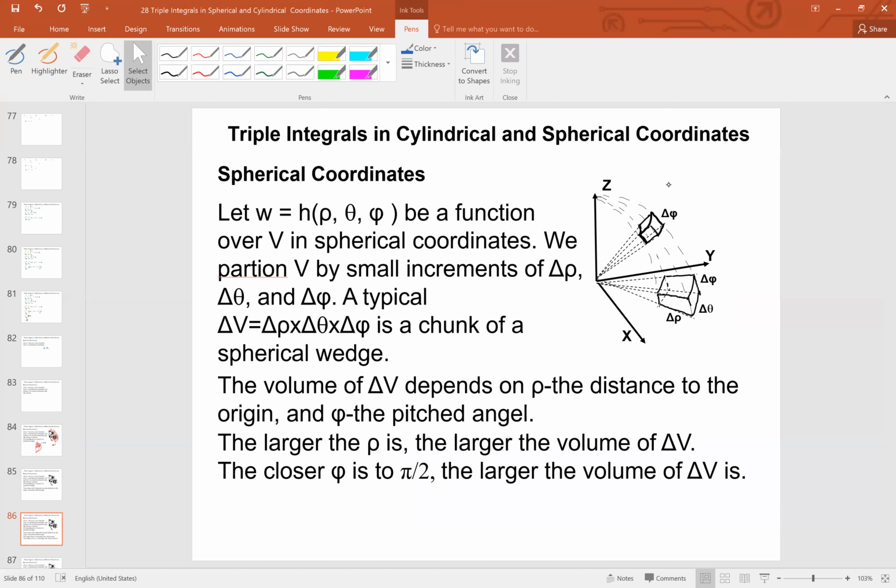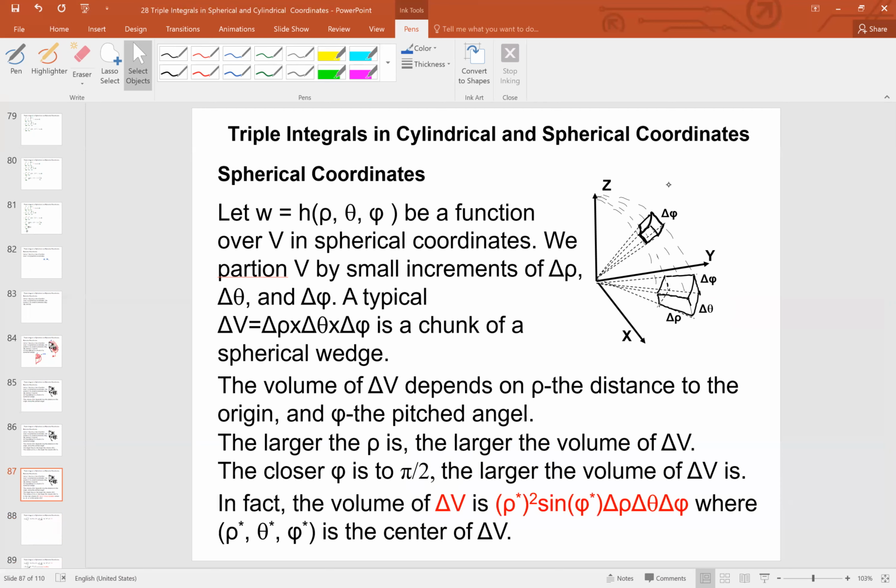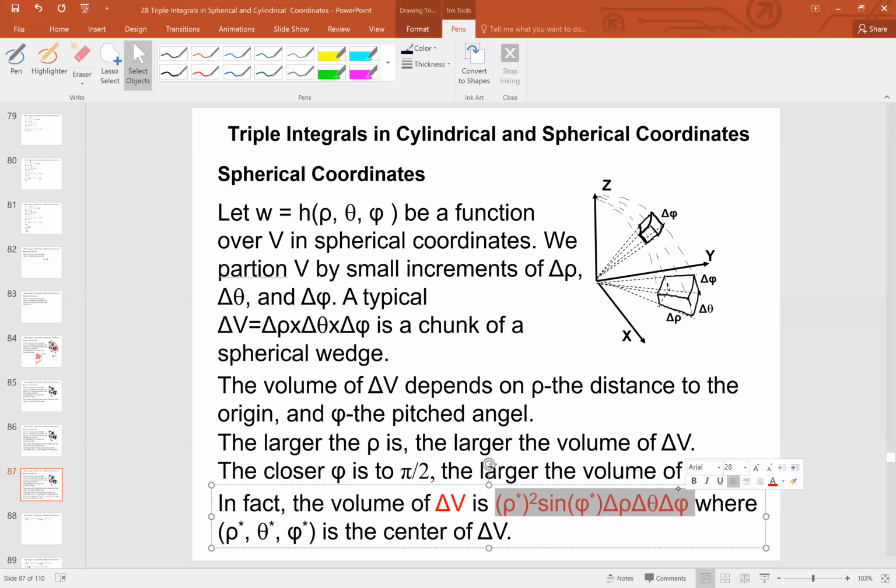We get this formula coming out of spherical geometry, so I'm not going to prove it, but basically you can prove that the chunk depends on rho squared and the sine of the pitch angle. When the angle is very small, like 0, then the sine of that angle is almost 0. It's almost nothing.